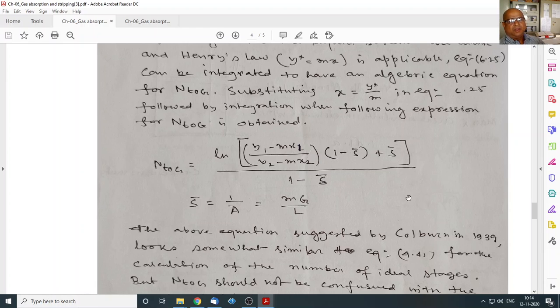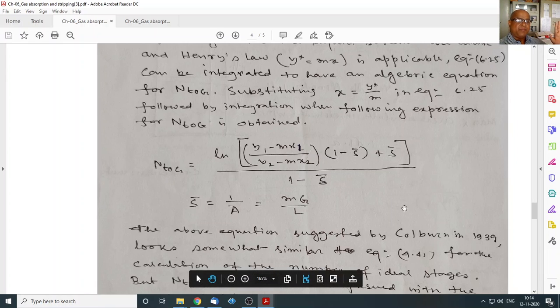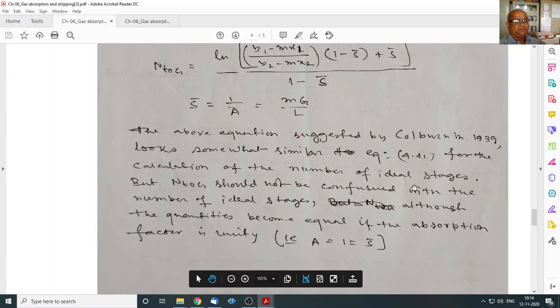But don't mix these. The Kremser equation is for the plate column, and the Colburn equation, although very similar, is for calculating the number of transfer units in the packed tower, and it is applicable only for the dilute case.